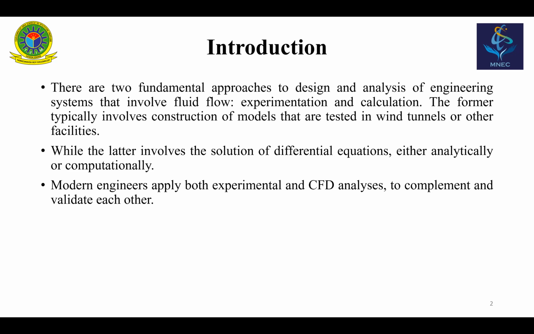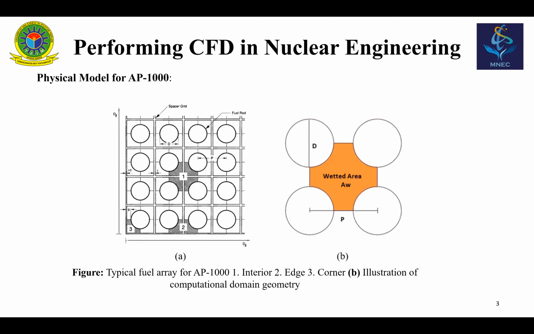So what we actually do in ANSYS, at first let me take an example. This is a physical model for the AP1000 reactor. In the AP1000 reactor, the fuel pins are arranged in a square array, and you can see from here that there are 4 fuel pins, and we are considering this single subchannel of the AP1000 reactor fuel assembly.